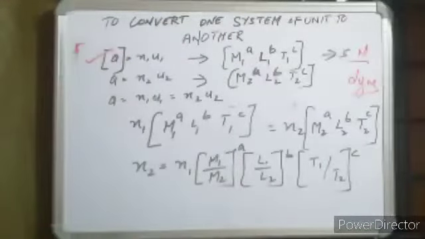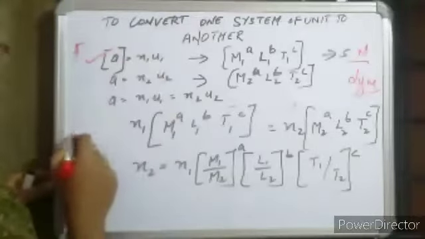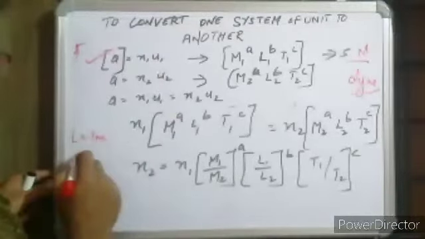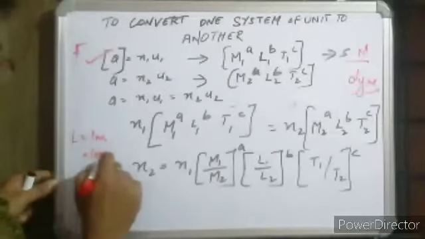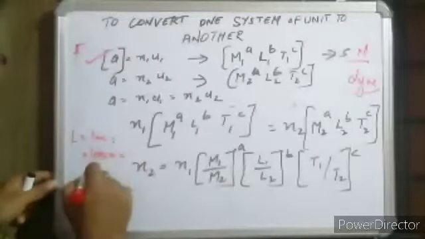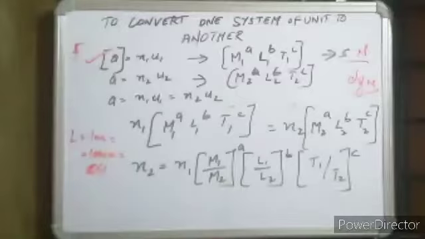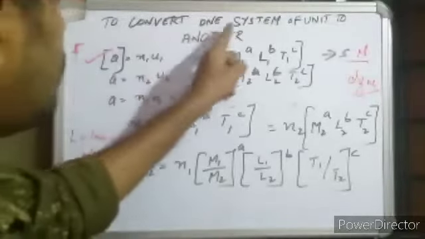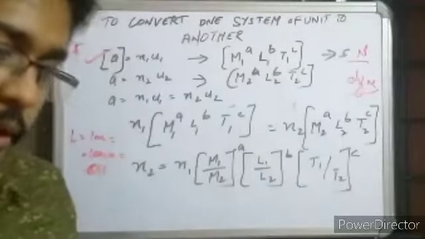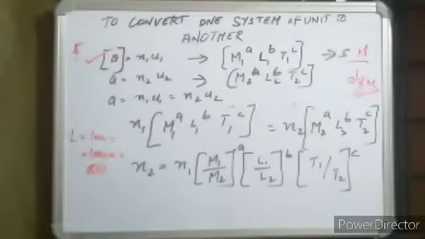Or if I take length, if I take it as 1 meter in SI, it will be equal to 100 centimeter in CGS, right? So I need to convert from one system of unit to the other. So right now I need to convert from, let's say, SI unit to the CGS system.